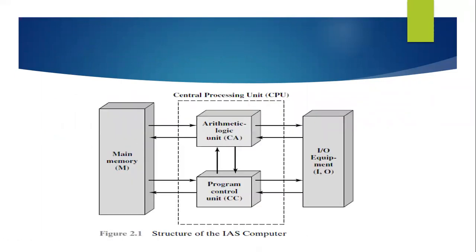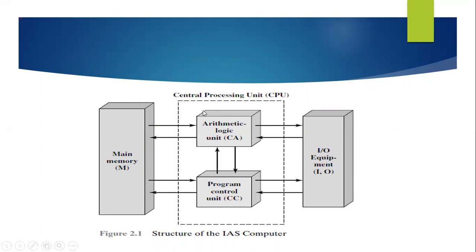So let's see the structure of the IAS computer. As you can see here, we have a main memory, an arithmetic logic unit, a program control unit, and input output equipment. The input output equipment is used to input data.